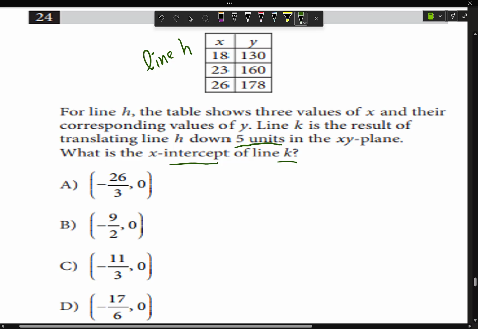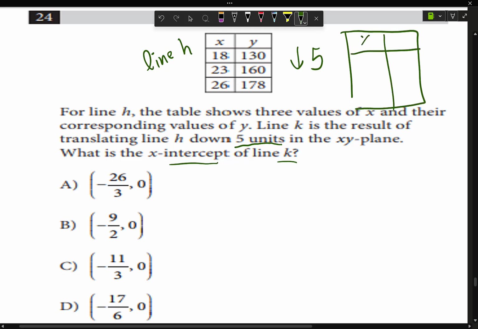We're translating all of these points down 5 units to get to line K. So really think about which one of these coordinates is the vertical coordinate. Of course, it's the y coordinate. So every y coordinate, we're just going to subtract 5 from.